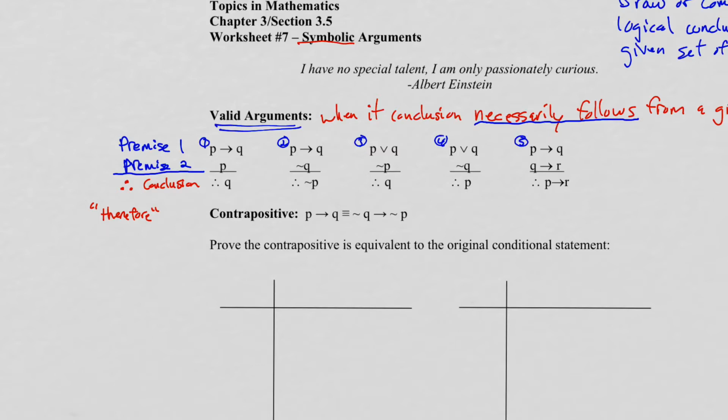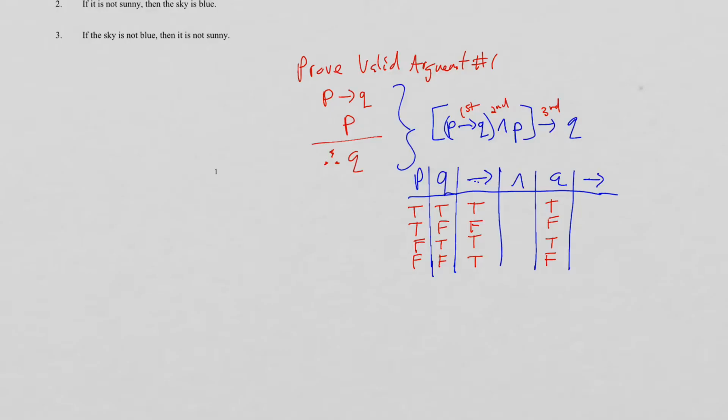But why are these statements valid? Keep pressing the wrong button. Okay, so if P then Q is right here, and what happened to my and?